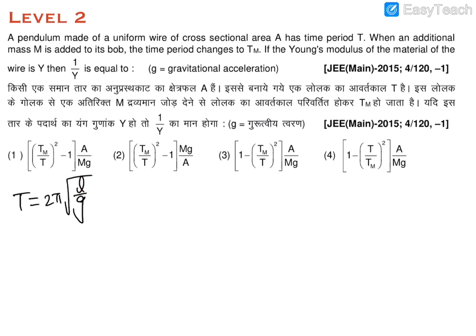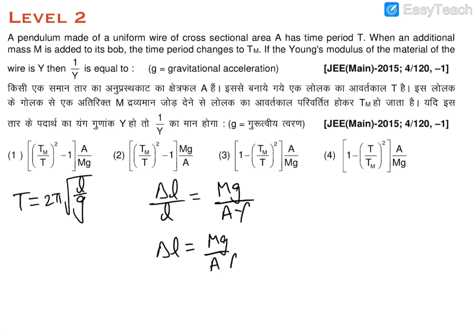Now delta L, the change in length of the pendulum wire upon original length, is equal to stress, which is mg by area, upon gamma, so delta L is equal to mg by A gamma into L, and the new time period will be 2 pi under root L plus delta L by g.